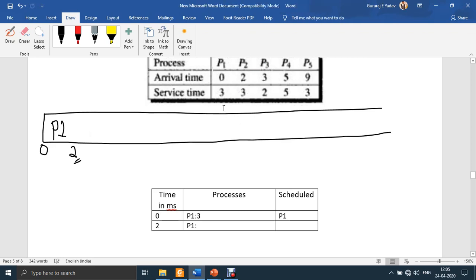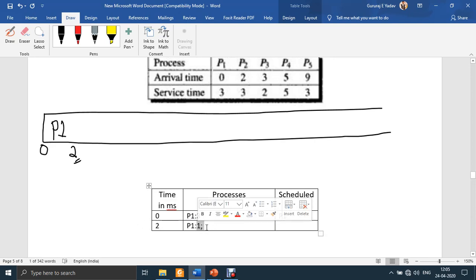So still how much time does it require? It is 3 minus 2 that you have already given, which is 1 millisecond. So P1 at time 2 milliseconds still requires 1 more millisecond to complete its execution, because the total time it requires is 3.